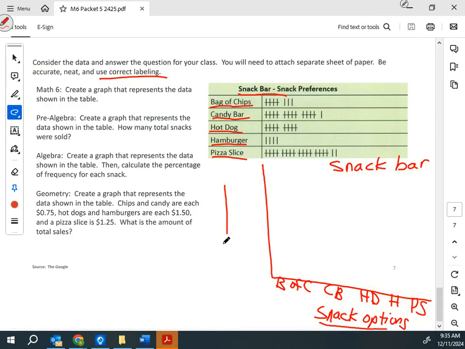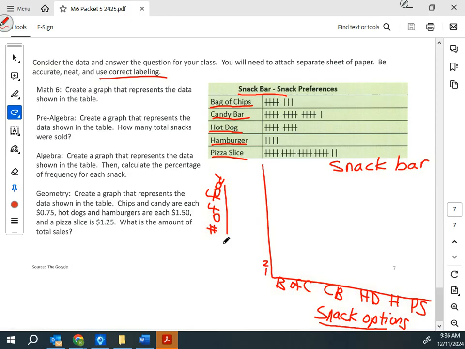On the left side, going up, what am I going to put? Sarah, what would I put on the left side going up? I already wrote my food out. Number of food. So how many people are choosing that? So we want those numbers.